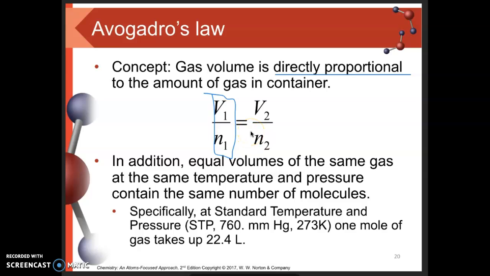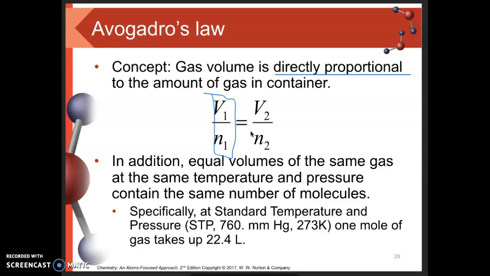But what we can also look at is if we have similar kinds of conditions, Avogadro's Law sets up for us a really common kind of idea, and that is at a specific temperature and pressure. We call it standard temperature and pressure.